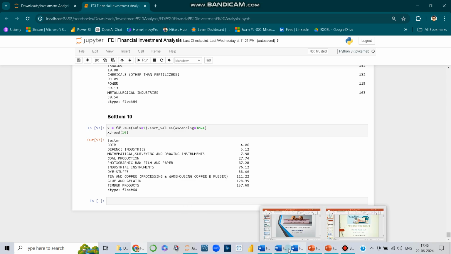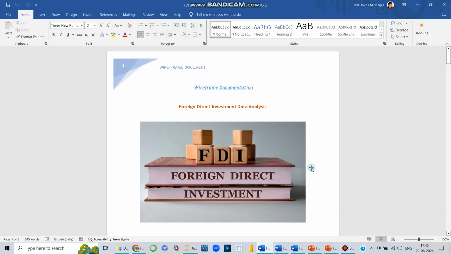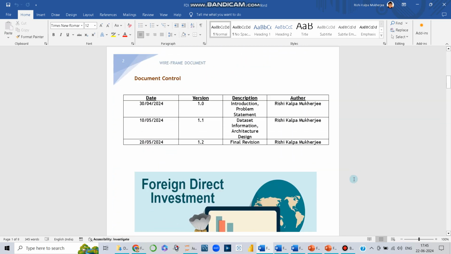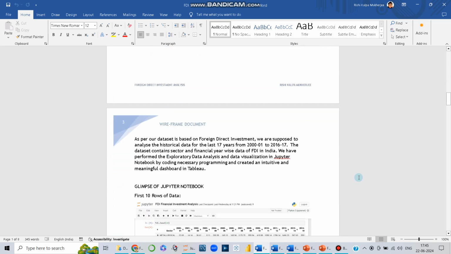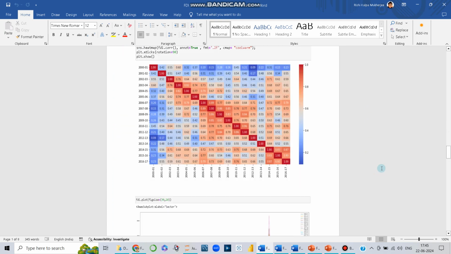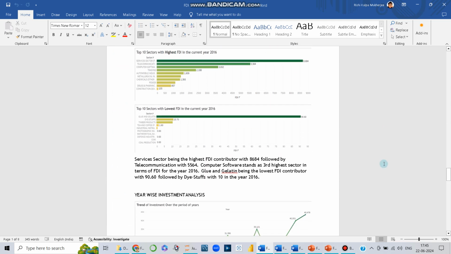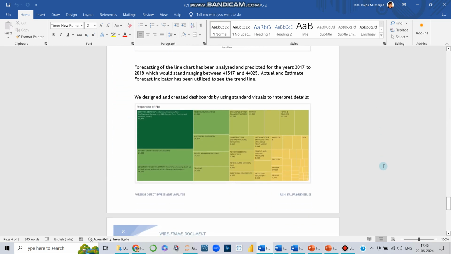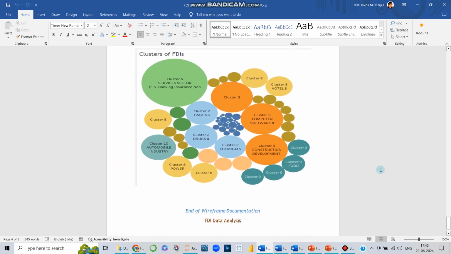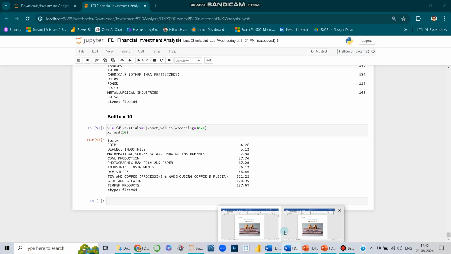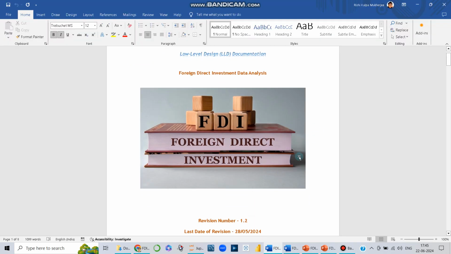Later on, another important part is the Wireframe document. This is a glimpse of the dataset that I have shown. All these graphs have been created in the business intelligence tool, which is called Tableau. This is the low-level design documentation.